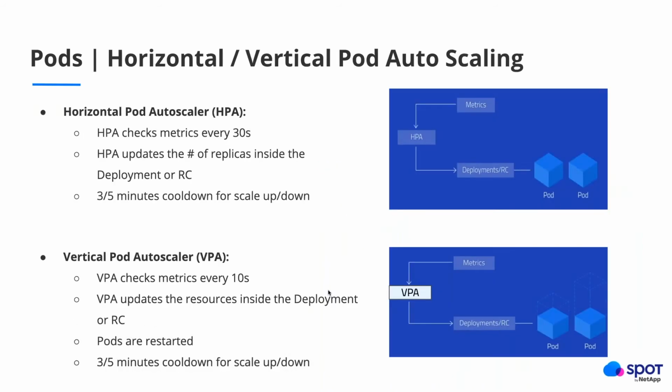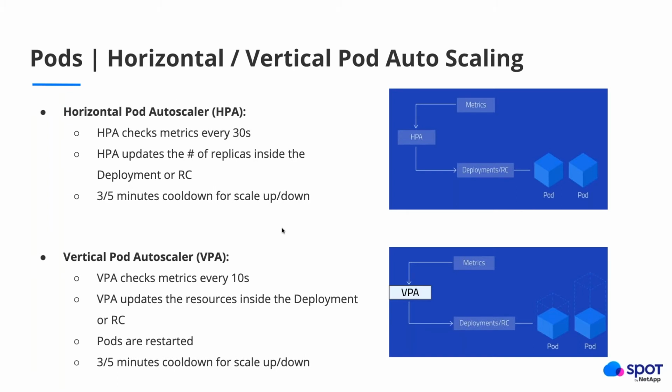While talking about the pod level, we have two different types of autoscaling. We have the horizontal pod autoscaler and the vertical pod autoscaler. Both of them are checking a utility that is called deployment, and based on the metric server that you will have installed on the cluster, they will be able to monitor the actual consumption of the pods that you currently have.